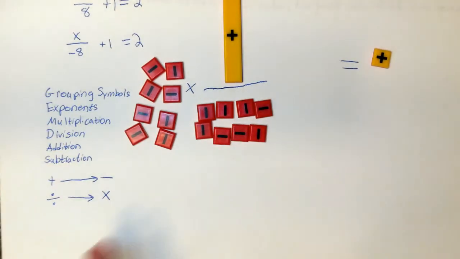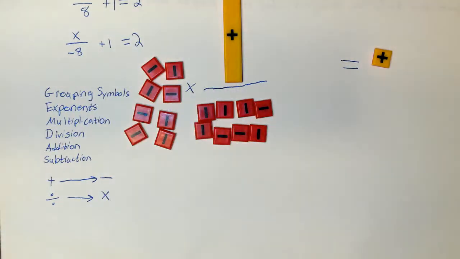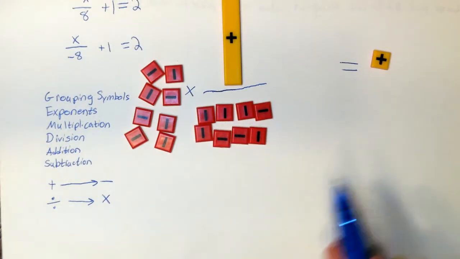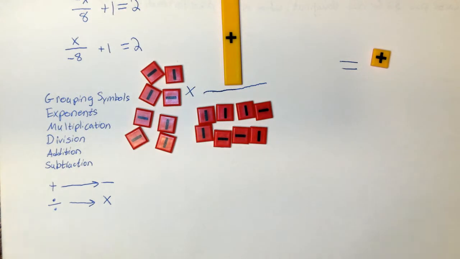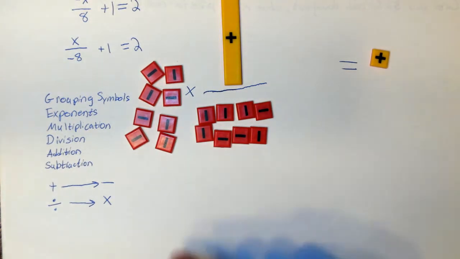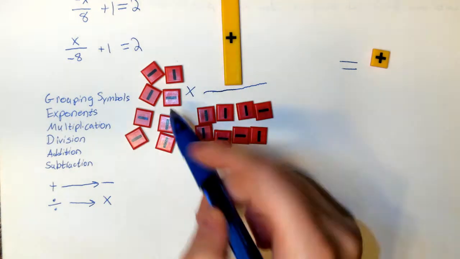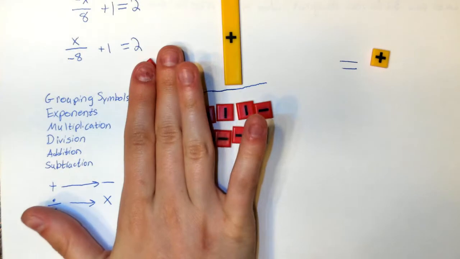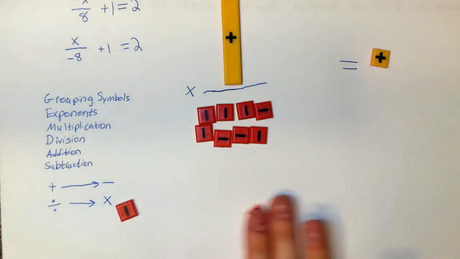So we'll multiply by 8 on this side of the equation, so it cancels these two out. We're also going to multiply by negative 8 on this side. I'm going to represent it with these same tiles here because I ran out of algebra tiles. So we'll take these 8 and we'll move them to this side as well.